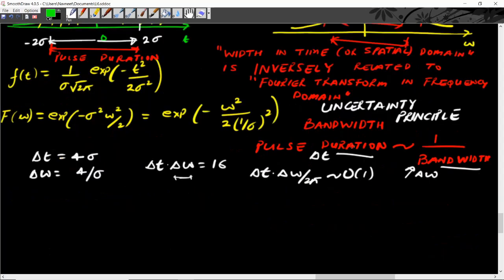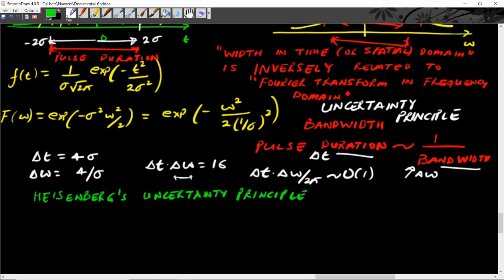Most of you would have heard of the uncertainty principle in the context of quantum mechanics, and there it is called the Heisenberg's uncertainty principle. The Heisenberg's uncertainty principle is in fact the same uncertainty principle for the Fourier transform.